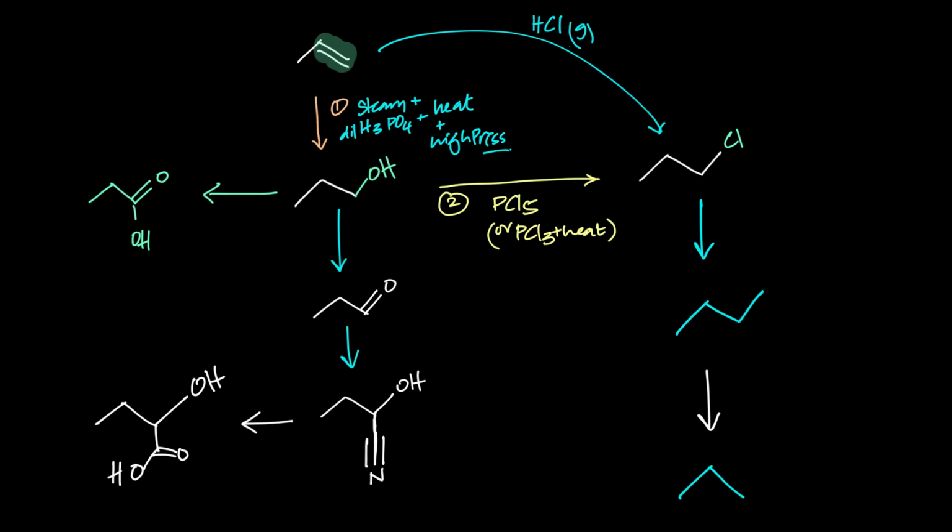So that is right here: 1 2 3 CN. So CH3, CH2, CH2CN. You'll generally see a C-C single bond and C-N triple bond like this. And then you can convert this CN into a carboxylic acid.